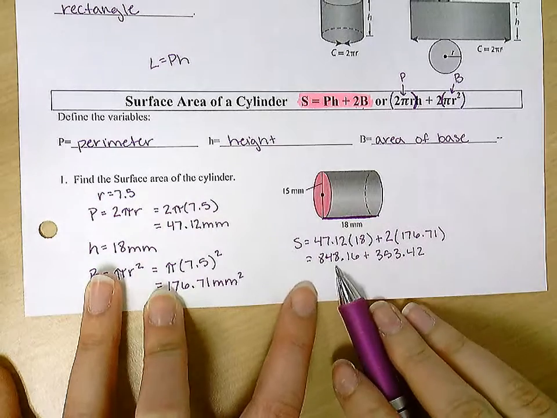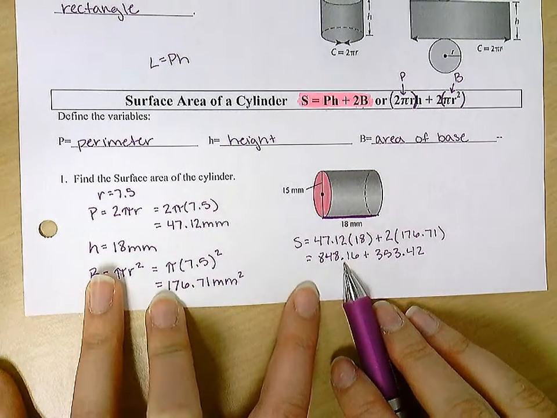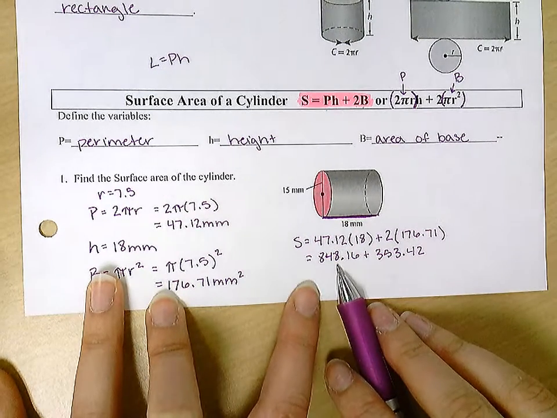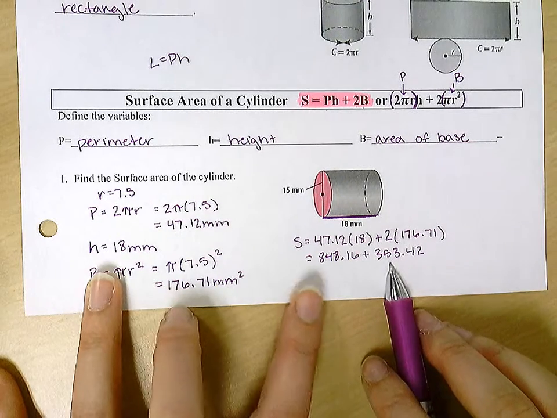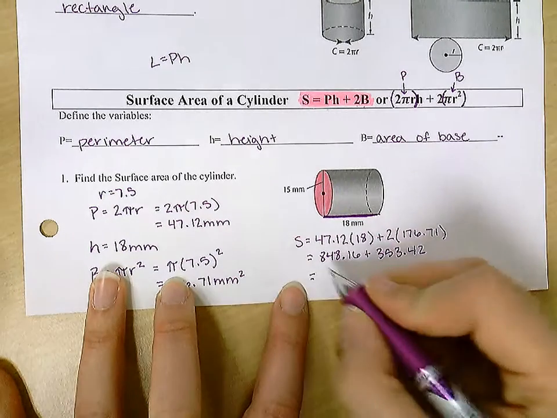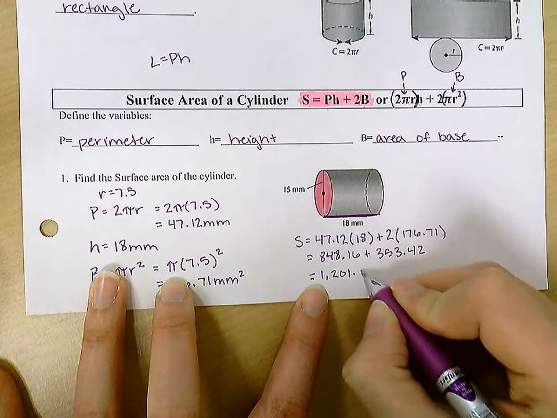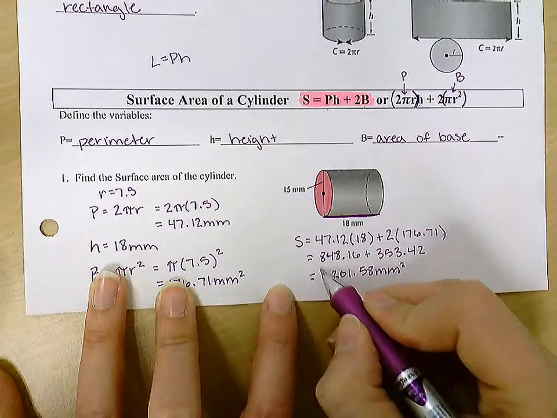Since this was P times H, that is your lateral area, so 848.16 is your lateral area. Then I just have to add on 2 of the area of the bases, which is the circles, to get a total of 1,201.58, and that's in millimeters squared.